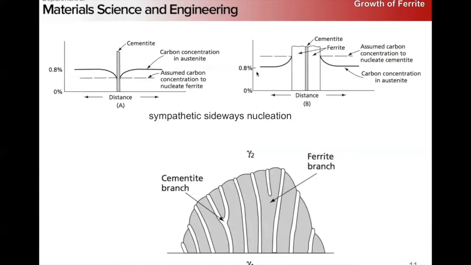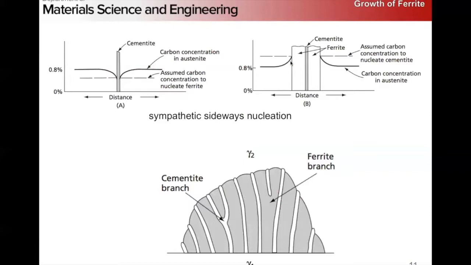The ferrite is essentially at 0% carbon. The austenite is nominally at this value here, but from the partitioning we have this diffusion field, and we have a gradient in carbon concentration from the austenite and ferrite interface into the bulk austenite.